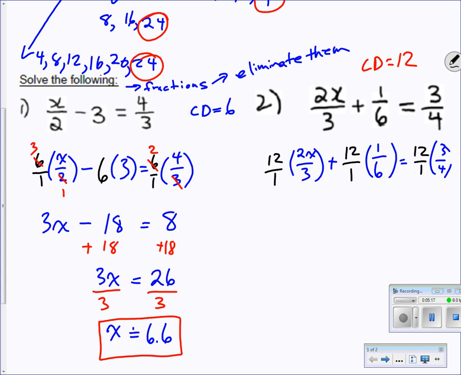So now let's simplify those fractions. 12 divided by 3 is 4. So this is going to be 2 and 1. And then this part here, it's going to be 3 and 1, because both of them can be divided by 4. Now we have simplified. We have 4 times 2 over 1, which is just 8x plus 2 equals 9.